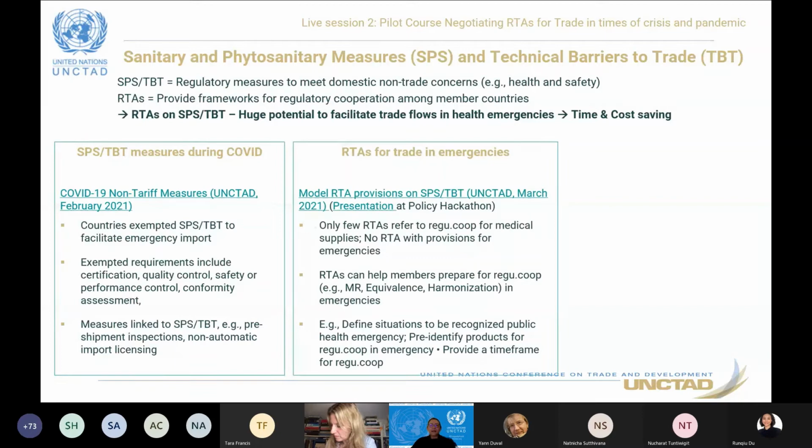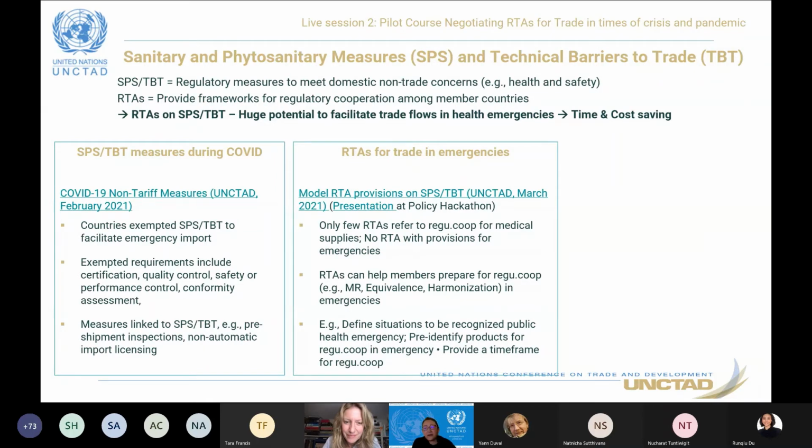Then another study that you might find useful is the model RTA provisions on SPS and TBT. This was in fact the one selected during the policy hackathon on SPS and TBT and later published as UNCTAD studies.